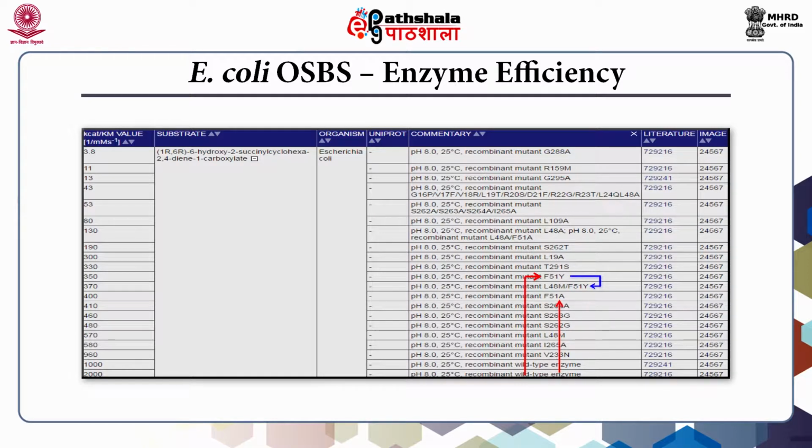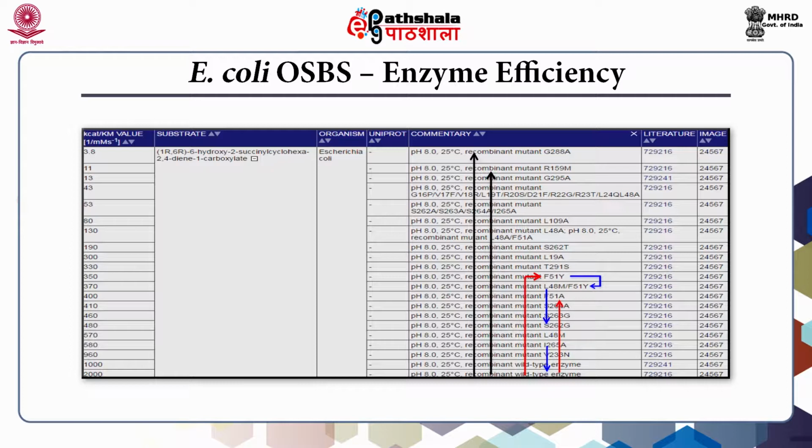Position 48 was also mutated individually to see the effect of mutation at position 48 only. The substitution of phenylalanine at 51 with alanine reduces the efficiency to 400 from 2000 per millimole per second, whereas the substitution with tyrosine at the same position results in reduction to 350.